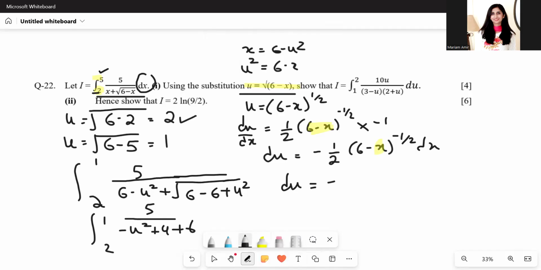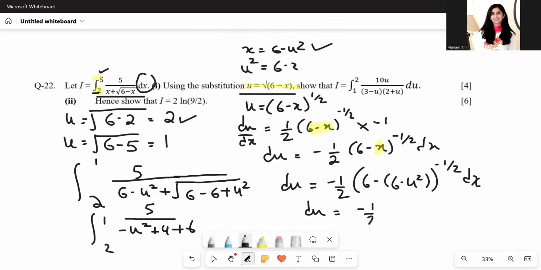So what will we get? We get a negative half here. Inside we get 6 minus, instead of x, I'm writing 6 minus u squared. And then a negative half here and dx. Hold on, we were supposed to make dx the subject, so I'll have to fix that in a second. So du equals negative half.